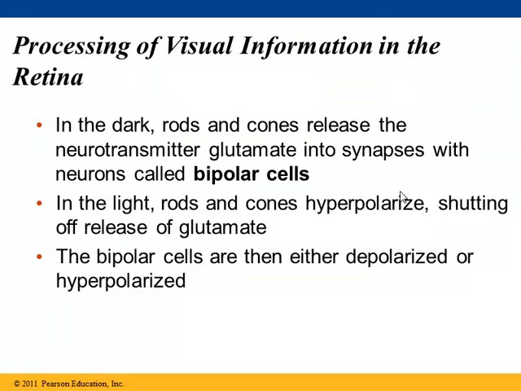Now, the bipolar cells are receiving the glutamate. Glutamate, in this case, is the neurotransmitter. When the glutamate strikes the bipolar cells, we still don't know if it depolarizes or hyperpolarizes them, because different bipolar cells can have different types of glutamate sensors, some of which open a channel to let in some sodium, and some of which close the sodium channels, or maybe open a channel for potassium to hyperpolarize again.